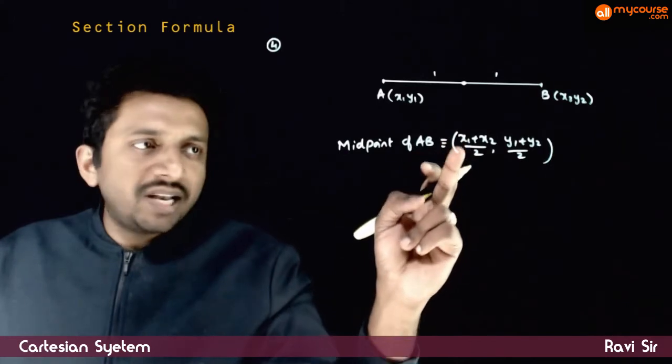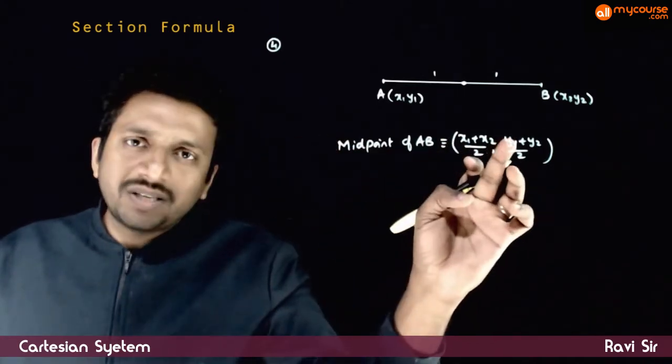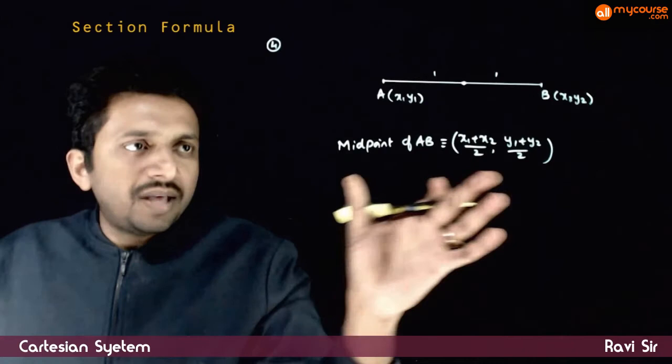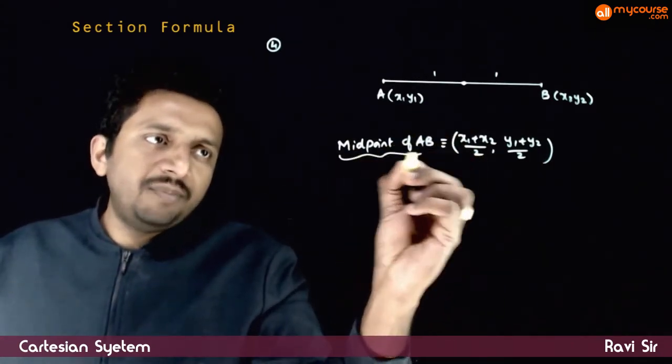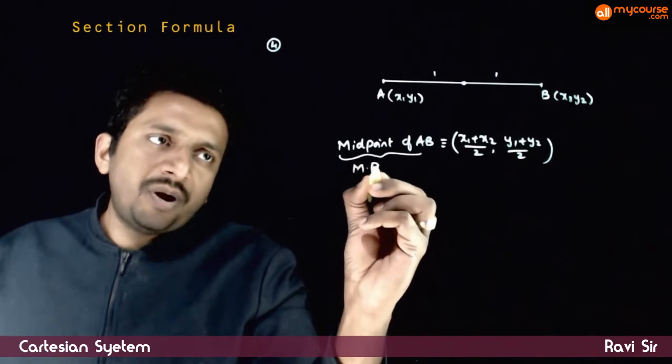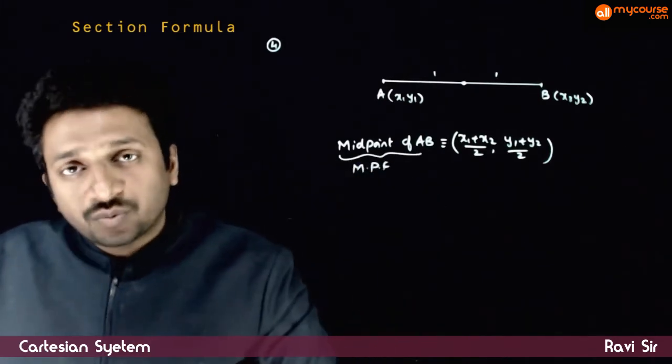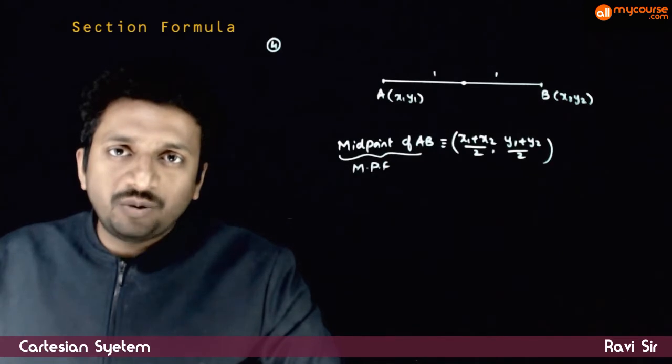So mx2 plus nx1 by m plus n, my2 plus ny1 by m plus n. So you have the exact application. So midpoint of AB, which is also called midpoint formula, is x1 plus x2 by 2, y1 plus y2 by 2.